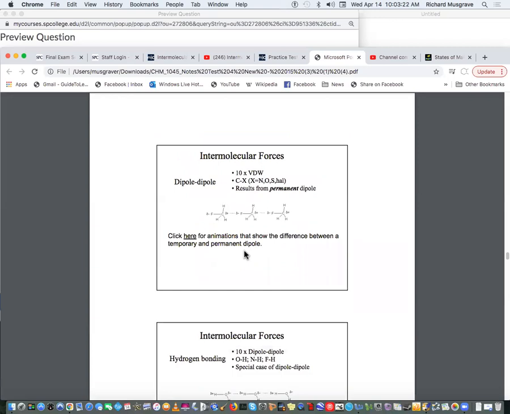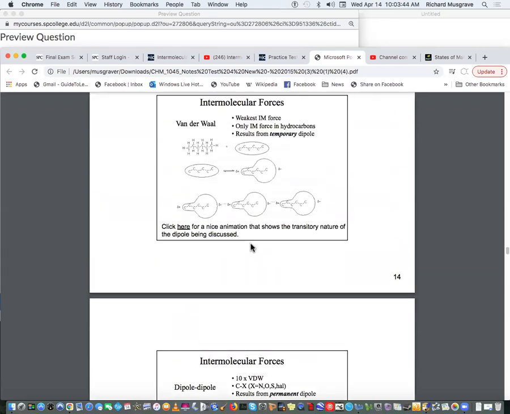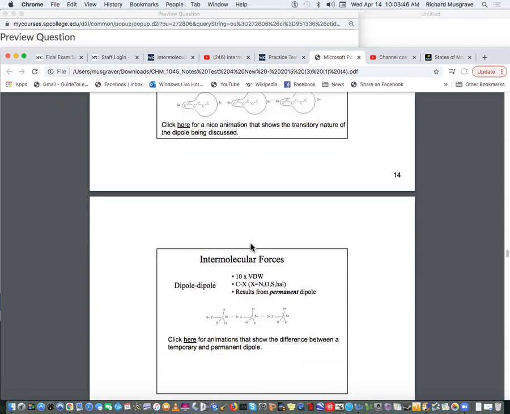Now, the intermolecular force that's next is called dipole-dipole, and this results from a permanent dipole. These tend to be 10 times stronger than the van der Waals forces we were just looking at, because now instead of a temporary dipole, we've got a permanent one. Van der Waals was the force for hydrocarbons, where there are only C's and H's.